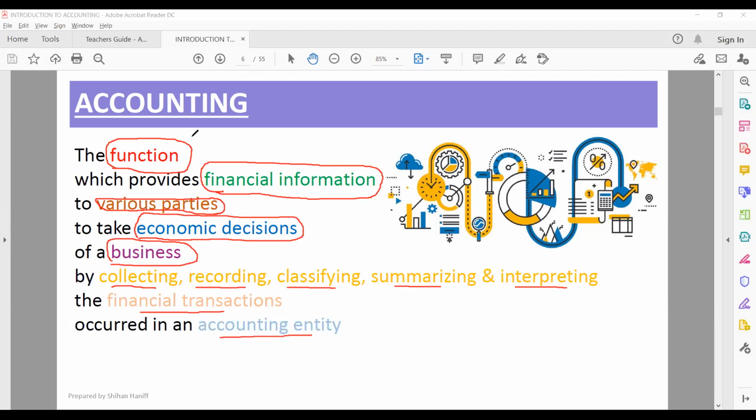I will explain each term one by one. These are basic accounting terms.